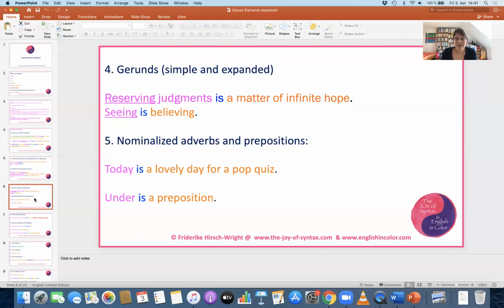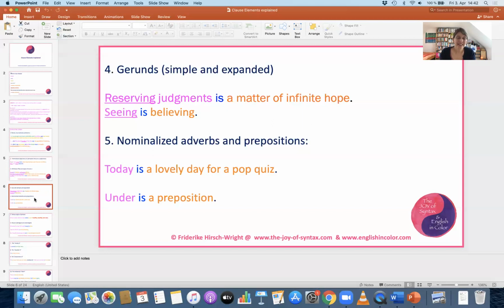Up until the 14th century, gerunds and participles had different grammatical forms. In English, you could distinguish them easily. They looked different. And then over the years, their forms started to look the same, and that's why people started confusing them. But don't confuse them.